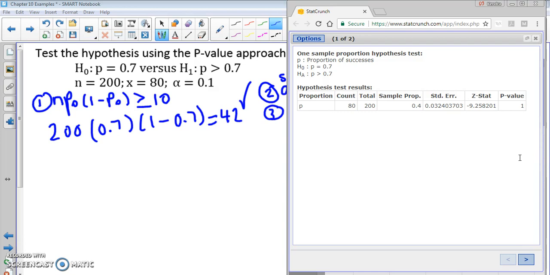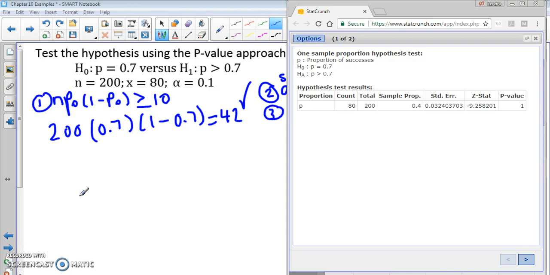So your p-value should always be between 0 and 1 inclusive because it's a probability, right? So your p-value is the probability of obtaining a sample proportion as extreme or more extreme than the sample proportion obtained, under the assumption that the proportion in the null hypothesis is true.